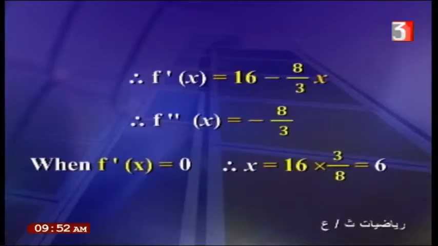Now, when f dash x equals 0, then x equals 16 times 3 over 8 equals 6.